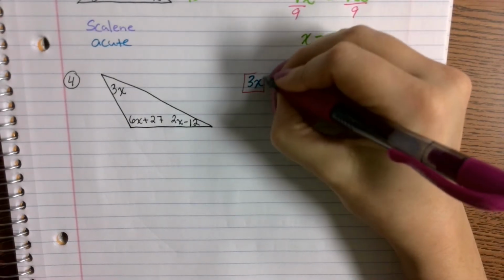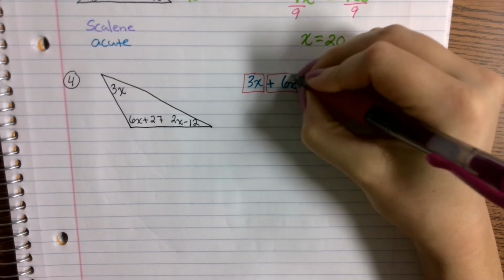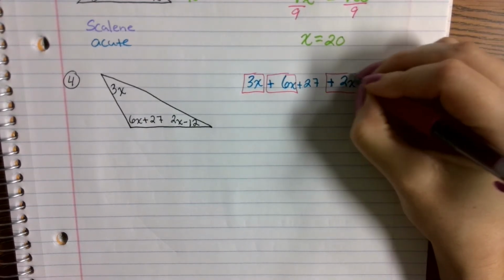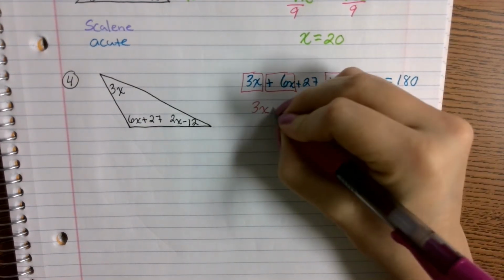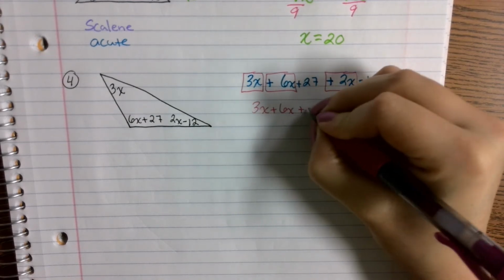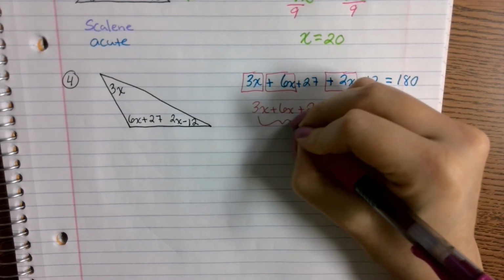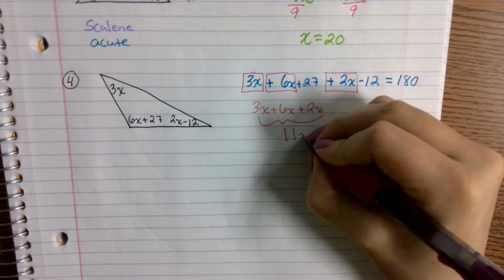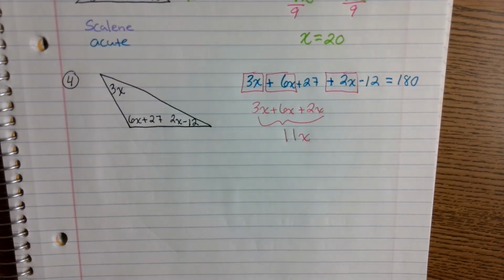Okay, so we're going to take that 3x. We're going to add it with the 6x. We're going to add it with a 2x. So 3x plus 6x plus 2x is going to equate to 11x. Now let's focus on the constants. What is that going to come out to?